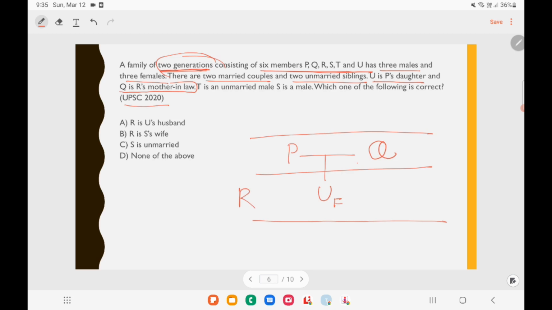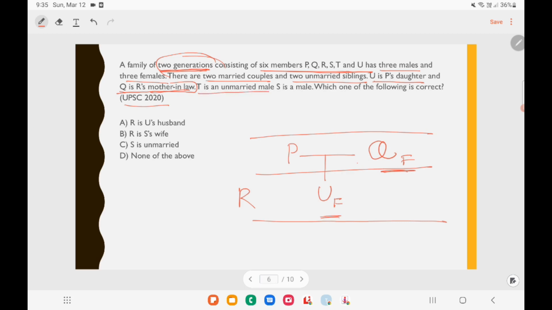Because it's a mother-in-law, the mother-in-law will be coming in the first generation and R will be coming in the second generation, and it's given that Q is a mother-in-law, that means Q is a female. So we got 2 females now, Q is a female and U is a female.